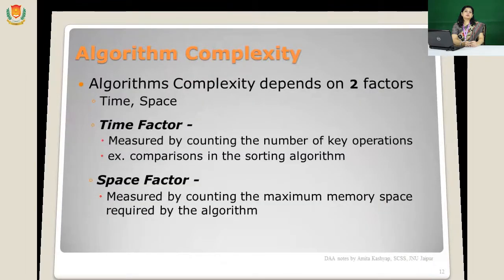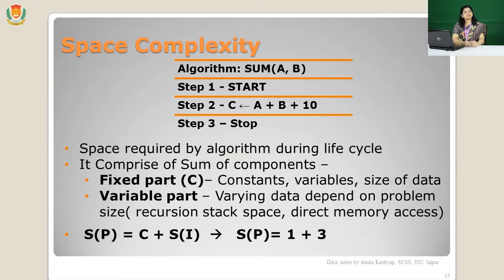Okay, now talking about space complexity, let's have a look at one small algorithm. A few steps I have written. This is a common algorithm of summing two variables. We start with step 1, take the first variable, then take the second variable, and then we make the addition, or some numerical value can also be added, and then finally we stop.